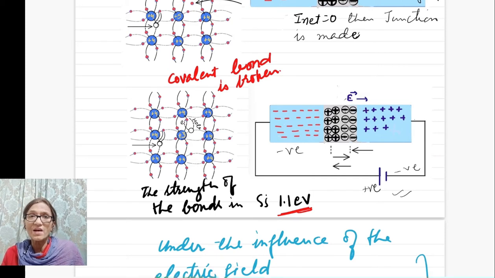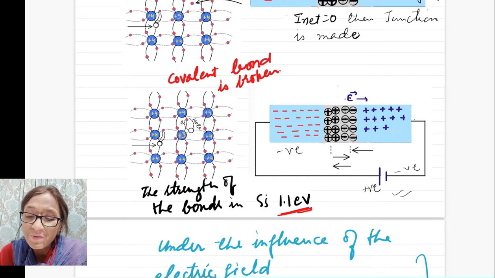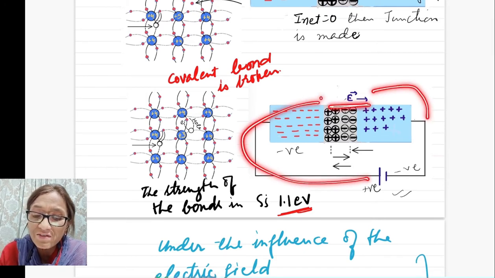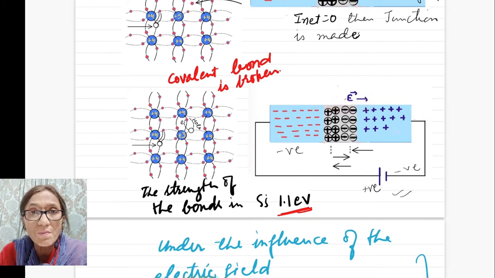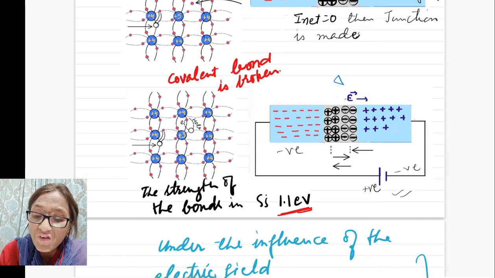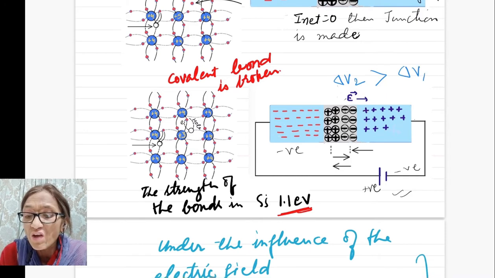Initially you had two currents, diffusion current and drift current. And when you apply reverse bias, here you have the negative side and here you have the positive side. The field will be increased and the potential will be further increased. Now you have delta V2, which will be greater than delta V1.